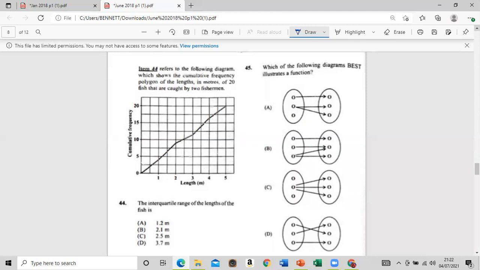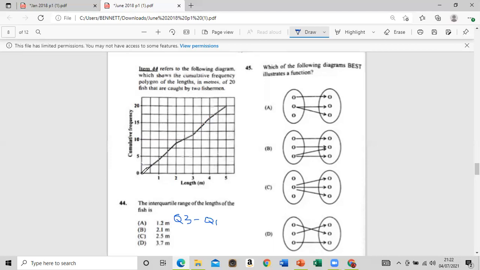Alright, the interquartile range of the length of fish is, so we have a Q3 and Q1. We can identify it by counting: 1, 2, 3, 4, 5, 1, 2, 3, 4, 5, 6, 7, 8, 9, 10.